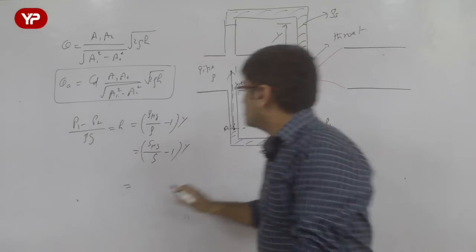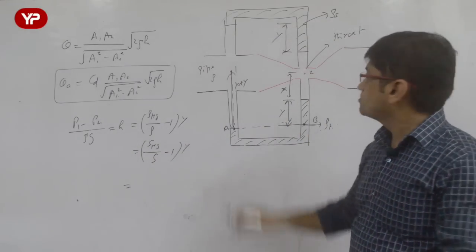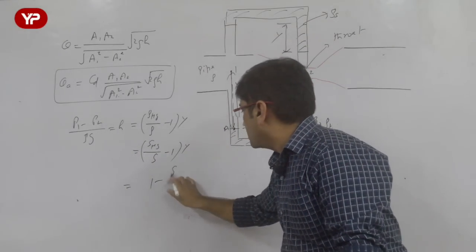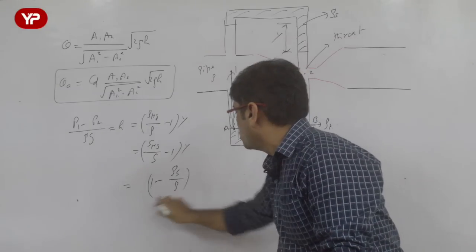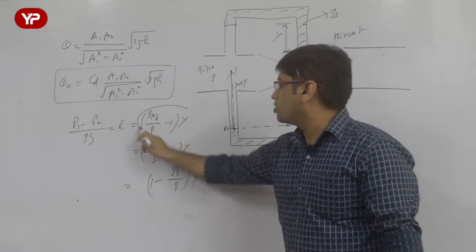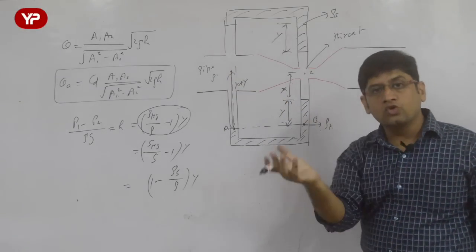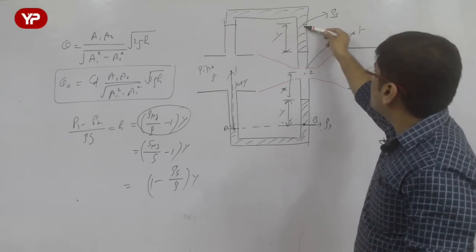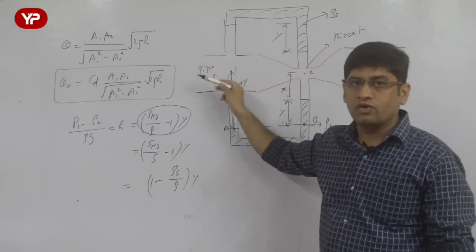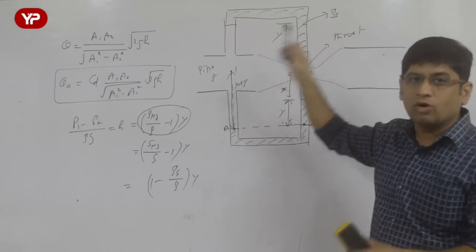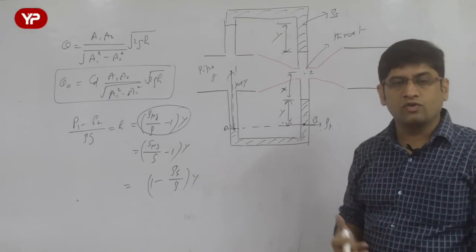Then in that case the value of small h will come out to be (1 minus rho s over rho) into y. So for the U-tube manometer, the density of mercury is more than the density of this fluid. For the inverted U-tube manometer, the density of the manometric fluid is going to be lesser than the density of the fluid which is flowing.